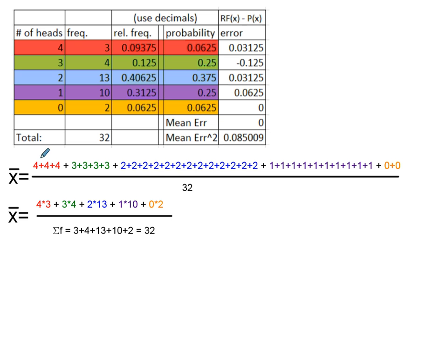But instead of counting 1, 2, 3, 4, 5, 6, 7, 8, 9, 10, and so on to get to 32, we're just counting the frequencies. So 3 plus 4 plus 13 plus 10 plus 2, 32 is our divisor. So these products add up to 60. Our n is 32. Our x bar is 1.875. So that is our frequency distribution.